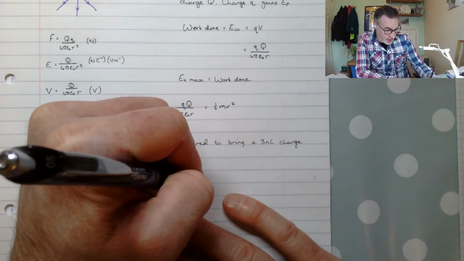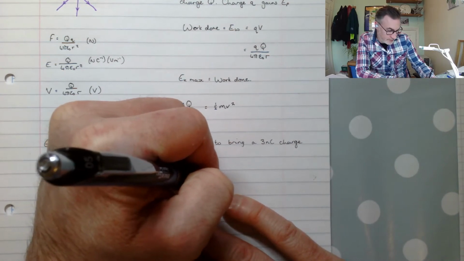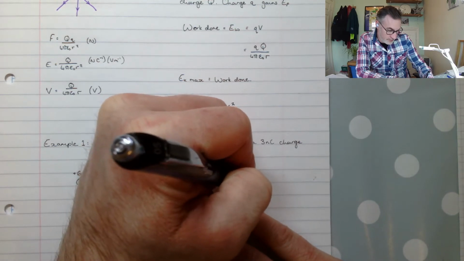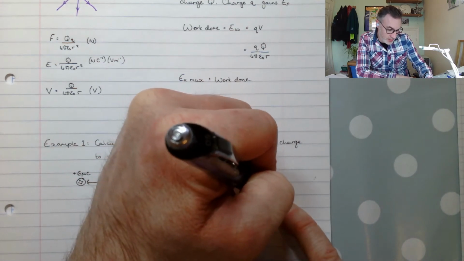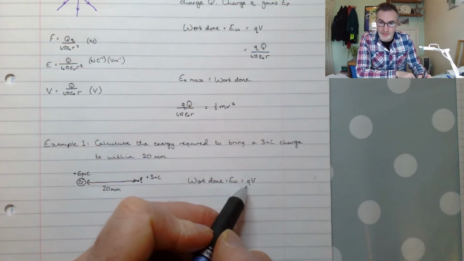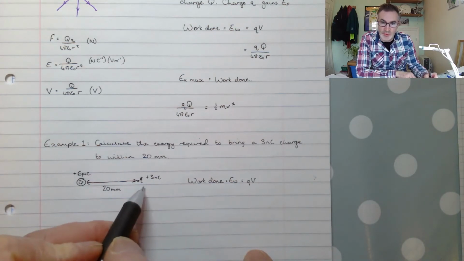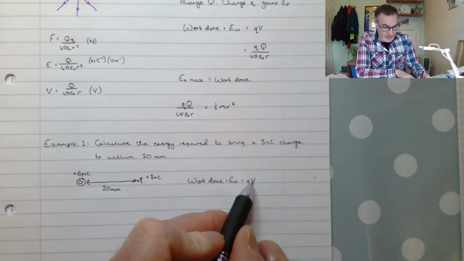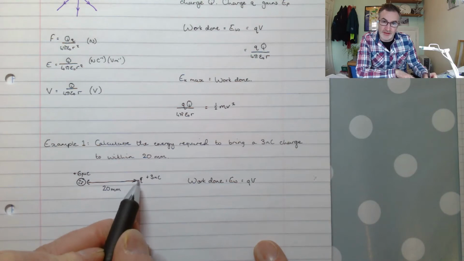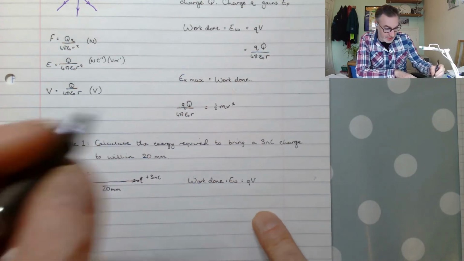So you're going to do work, so work done EW is equal to QV, and be careful with your Q's, so this is small q, which is this, and V is the electrical potential at 20 millimeters from this charge here.